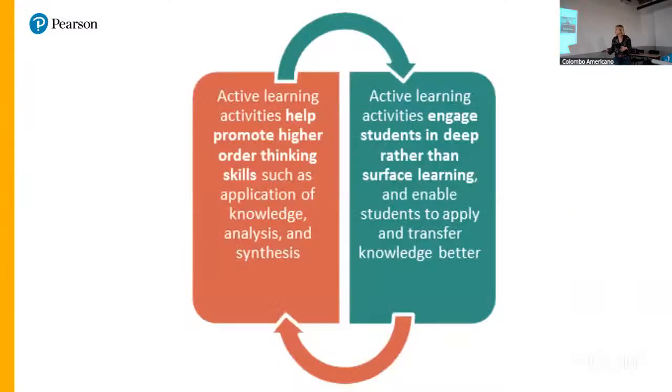Now, active learning, of course, going back to pedagogy, we're going to talk about Bloom's taxonomy. It's going to help us with the HOTS, the higher order thinking skills. Whenever we're working with active learning, something says that the battery is about to die. It's going to promote the higher order thinking skills, which are the HOTS.